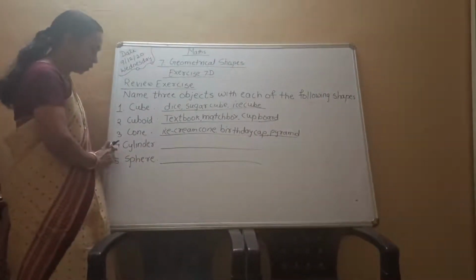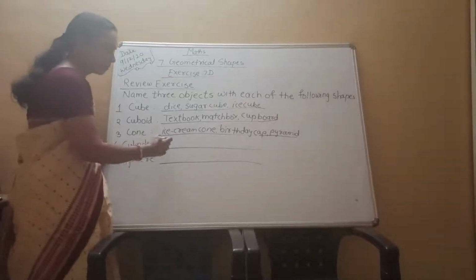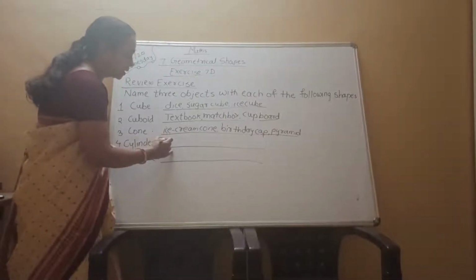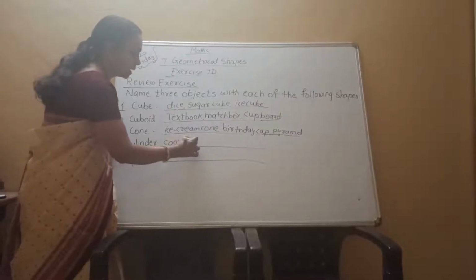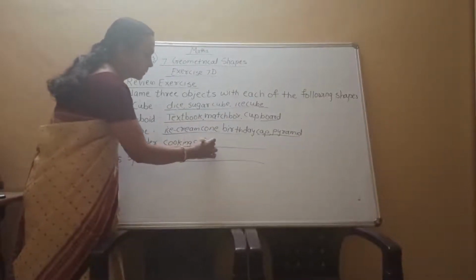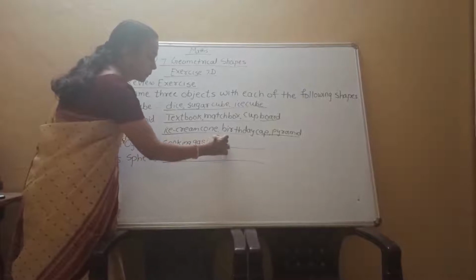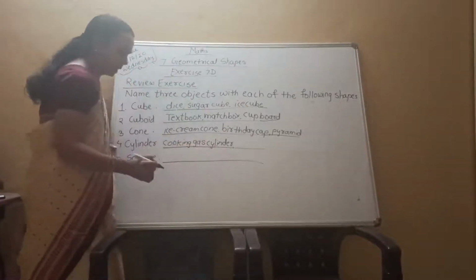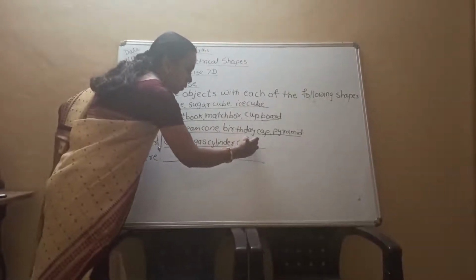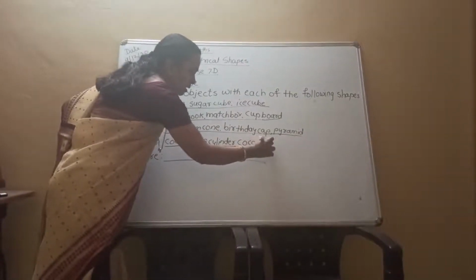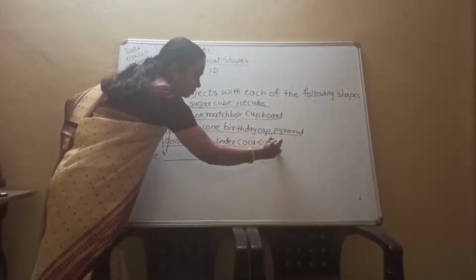Okay. So fourth example is cylinder. Our first example is our cooking gas cylinder. That is in our kitchen. Then second example is Coca-Cola bottle.